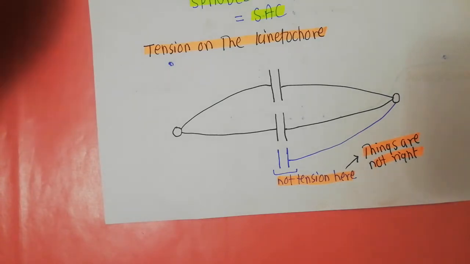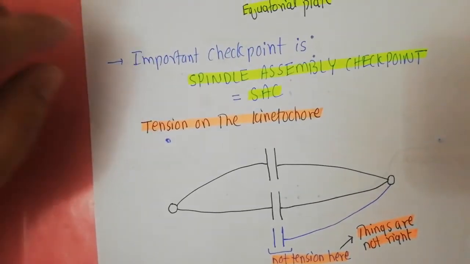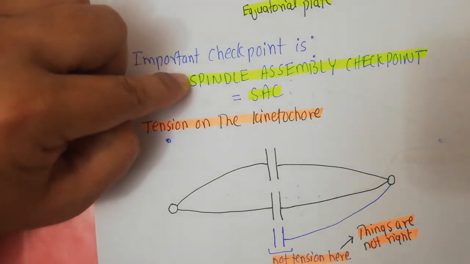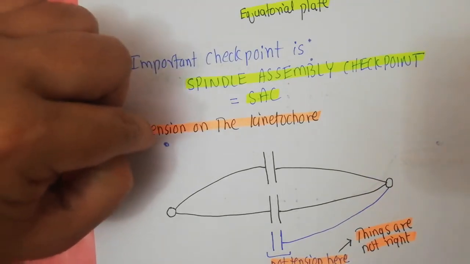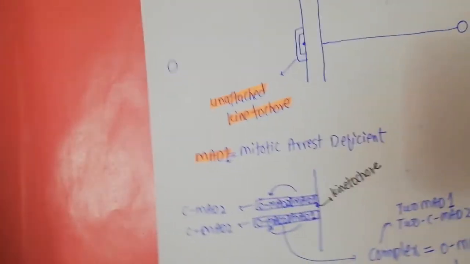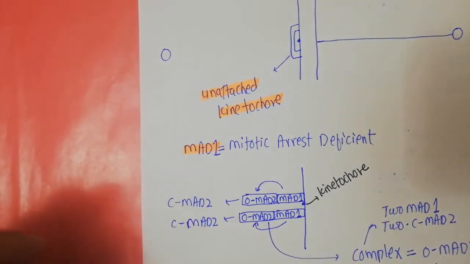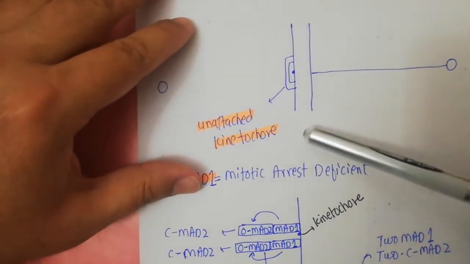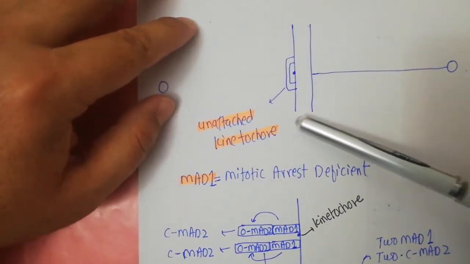Now, how is the spindle assembly checkpoint going to ensure this particular tension on all of the kinetochores? Let us discuss this in a little bit of detail. I have reproduced the sister chromatid pair again over here.